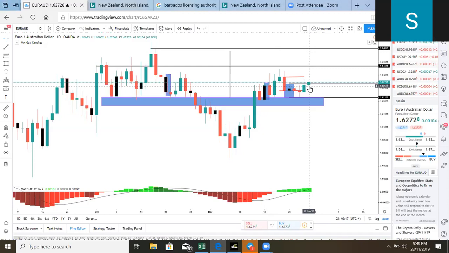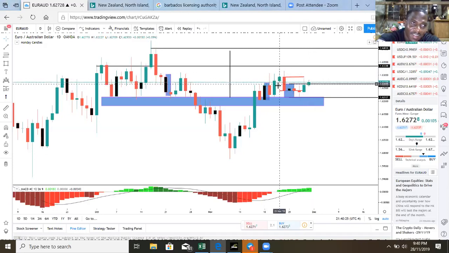I check the high, it just made it. But even in cases like that, what you do is put your stop loss like 15 pips from the support, or 10 pips, something like that.